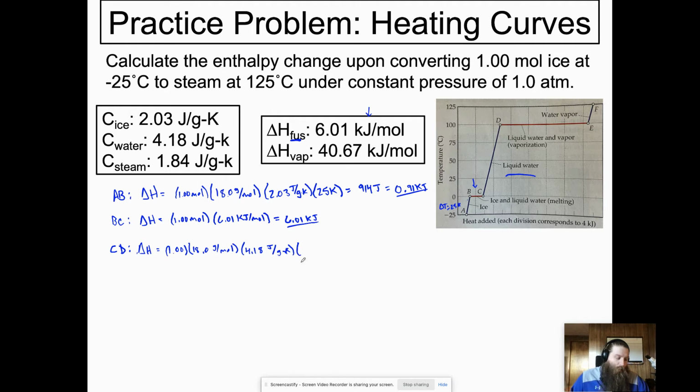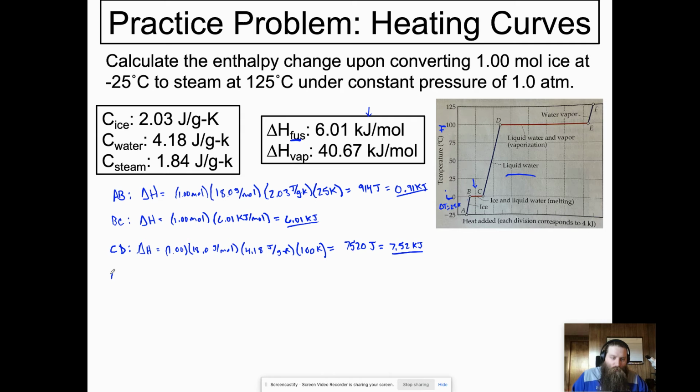And my temperature change is obviously 100 degrees Celsius, so 100 Kelvin. I'm going from 0 to 100, so final minus initial is a positive 100. And that's going to give me 7520 joules, which we're going to convert to 7.52 kilojoules. All right, I've made it from A to D.